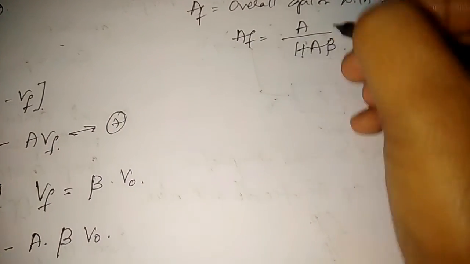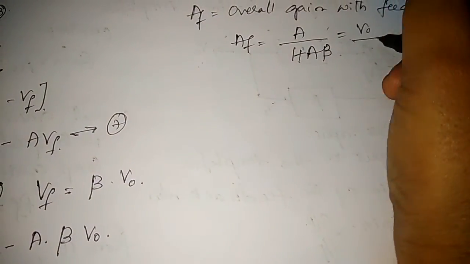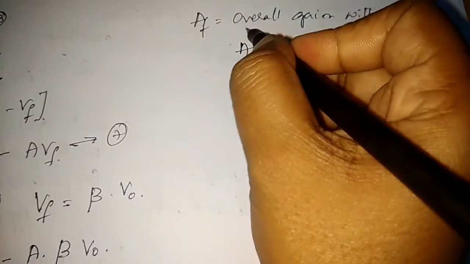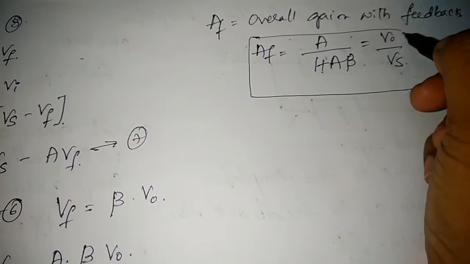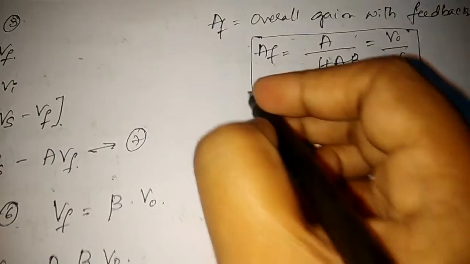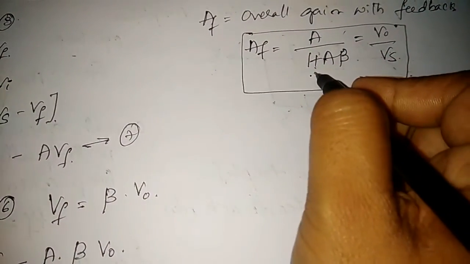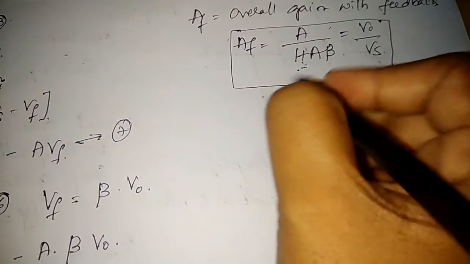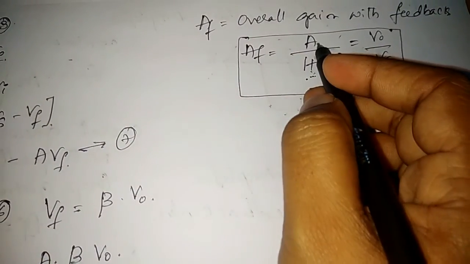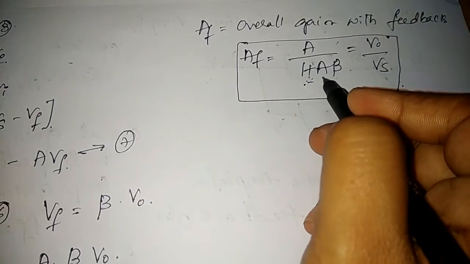So now here we can observe, this is equal to V naught divided by Vs. Here you can observe the denominator has a higher value, correct? So the negative feedback reduces the gain by a factor of 1 plus A beta. The gain is divided by 1 plus A beta, right?